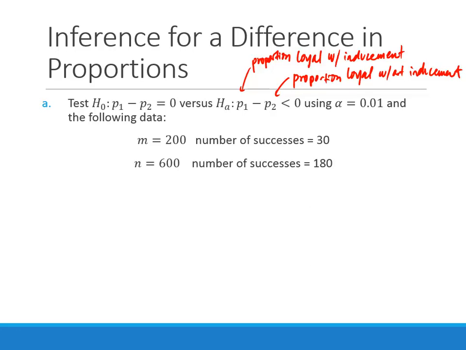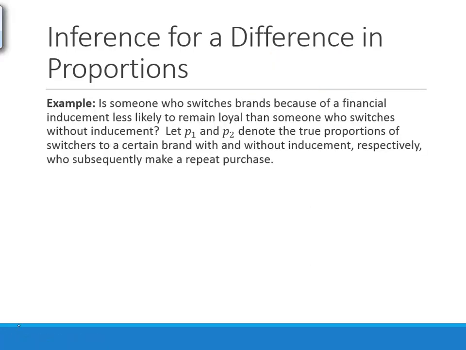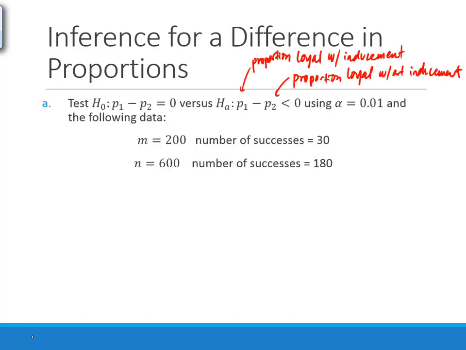So your intuition might tell you, or if you worked for this company, they might assume that possibly people who do switch with inducement are less likely to be loyal. So you'd want to see if that difference is less than 0 here. And I think that's kind of what this first question says: are people who switch because of the incentive less likely to be loyal? So that's why we have a less than 0 in there.